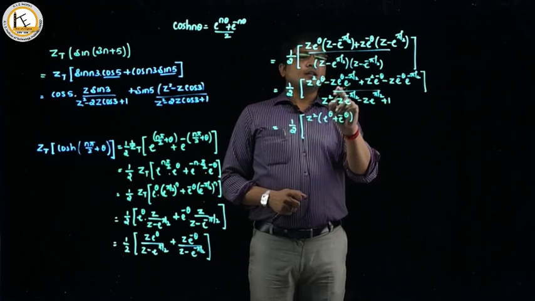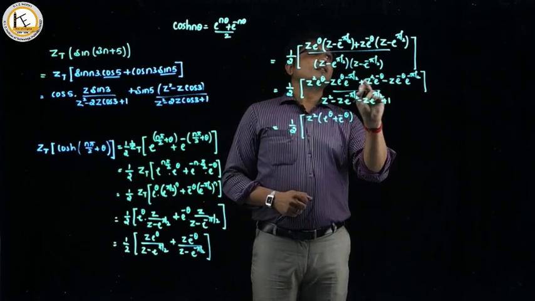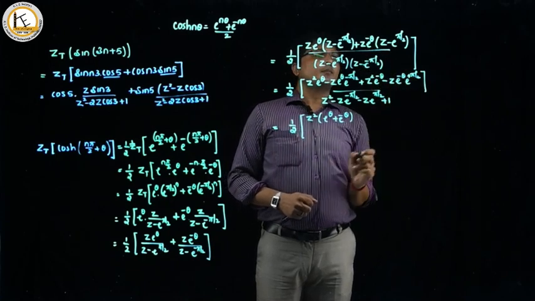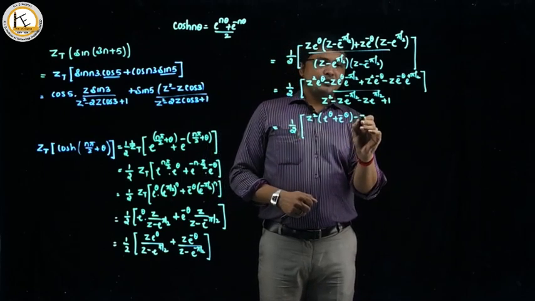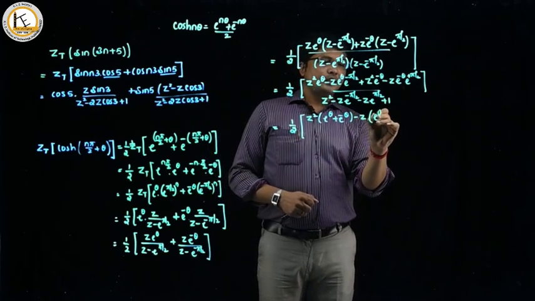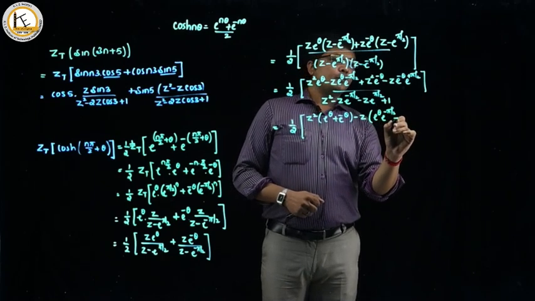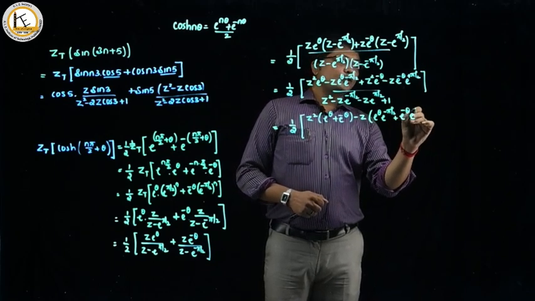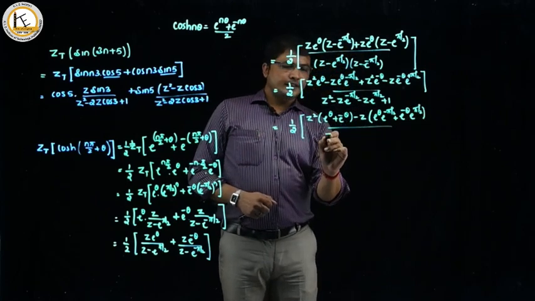And again from the second and fourth term we are having minus z common, so inside the bracket it will be e raised to iθ into e raised to minus iθ plus e raised to minus iθ into e raised to iθ, whole divided by z square.